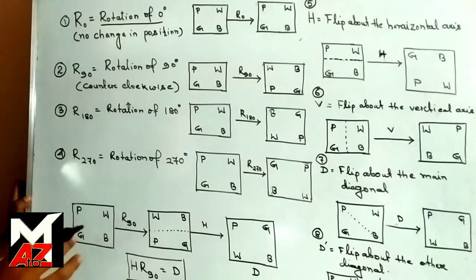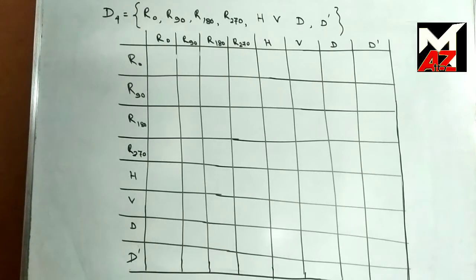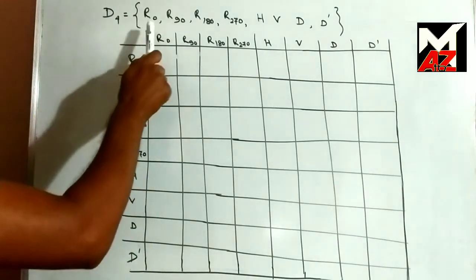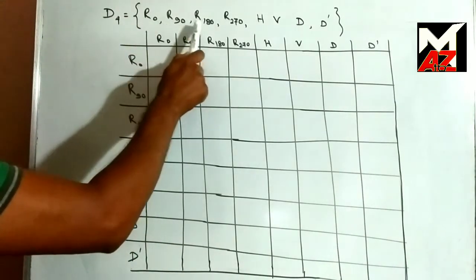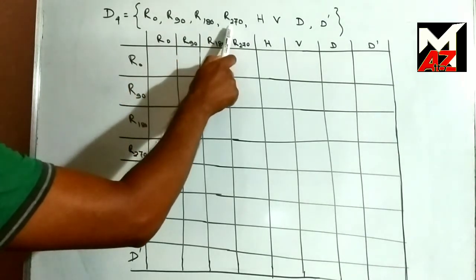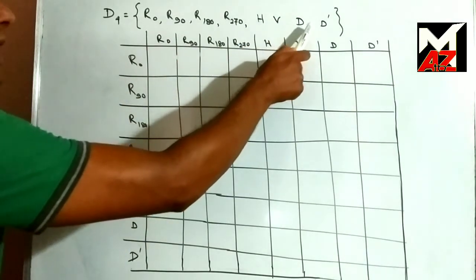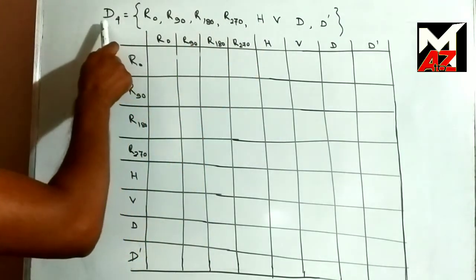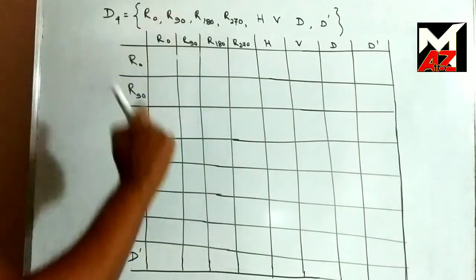Now we make the composition table. The 8 different positions of the square are R0, R90, R180, R270, H, V, D and D dash. This set is denoted by D4, and it contains 8 elements.